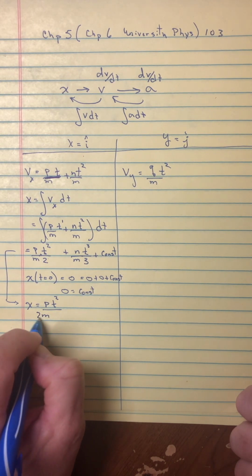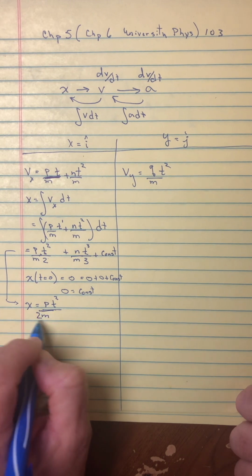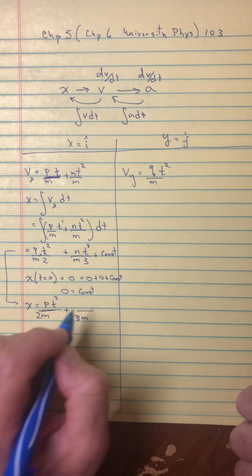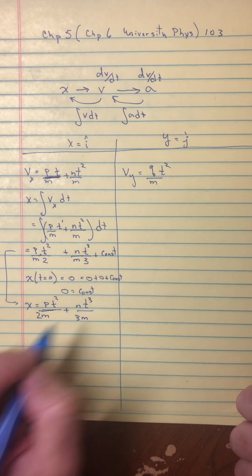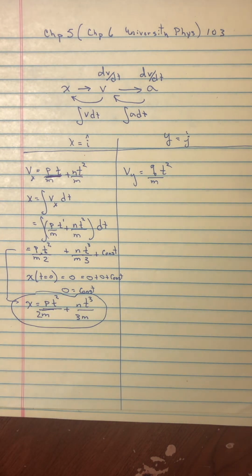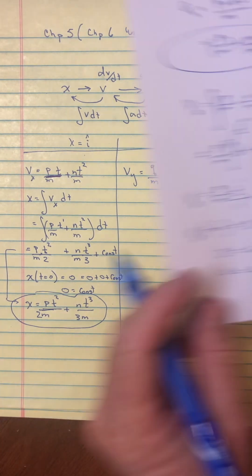and usually we write the number first, so I'll put 2m, and then over here will be a 3m on the bottom, and then an n t cubed, and I'll put a little circle around it, and so that should be the equation for the position in the x direction. And I think I copied it down wrong, and I apologize.